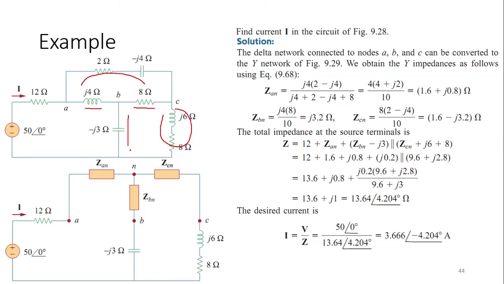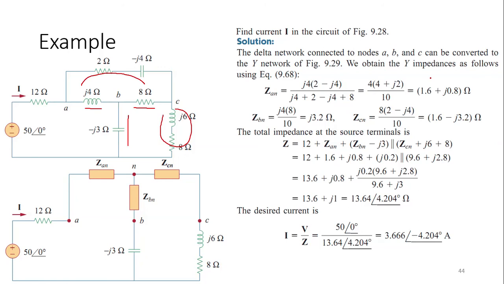So what we have considered here is we need to find the equivalent circuit, and then using the same relationships on previous slides we can simplify this circuit.